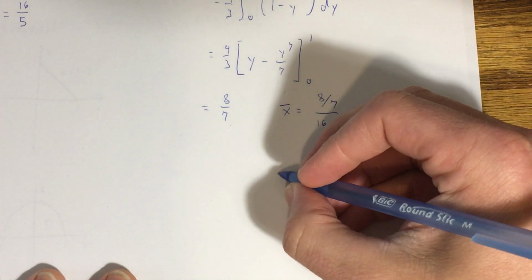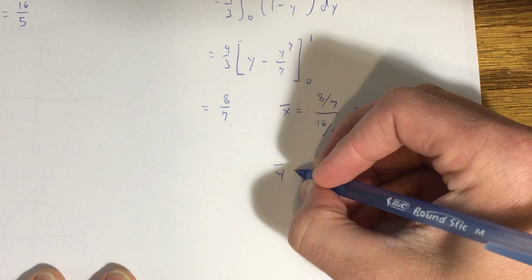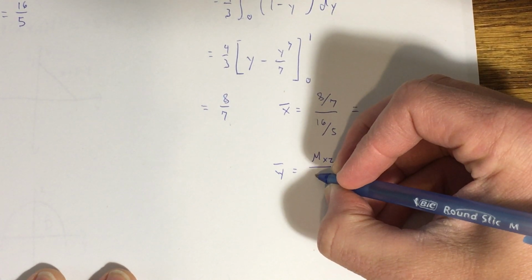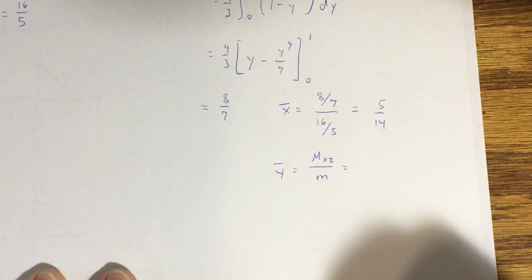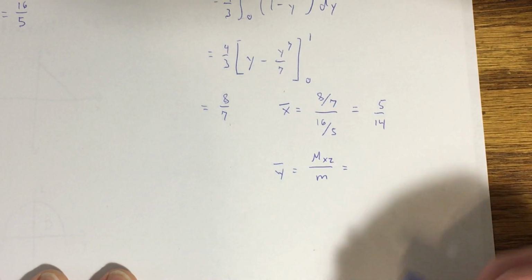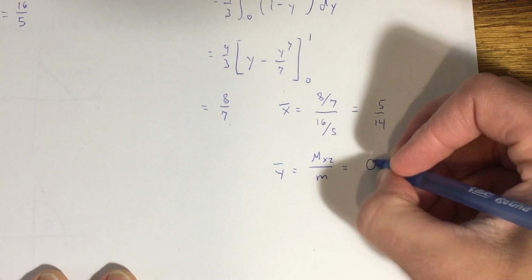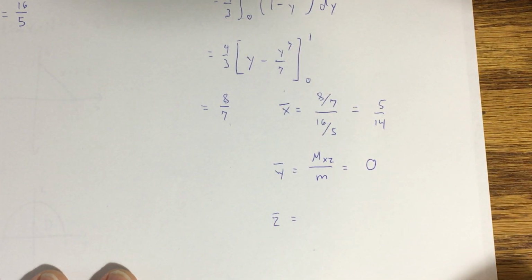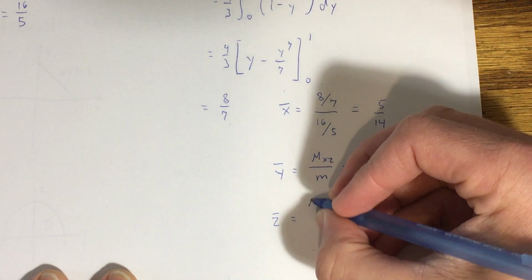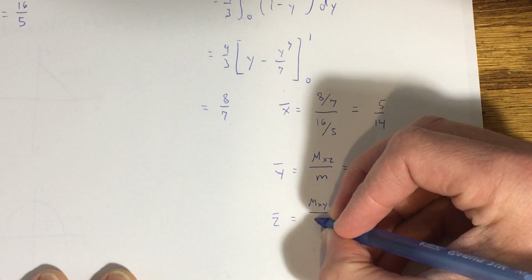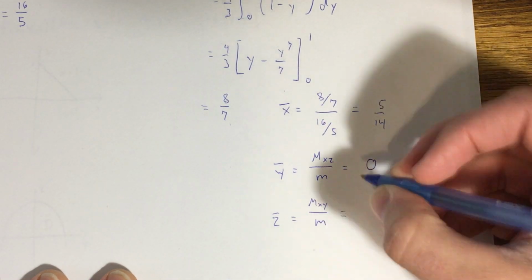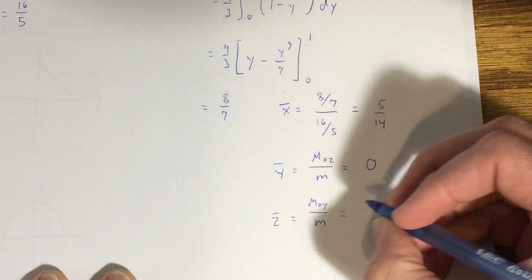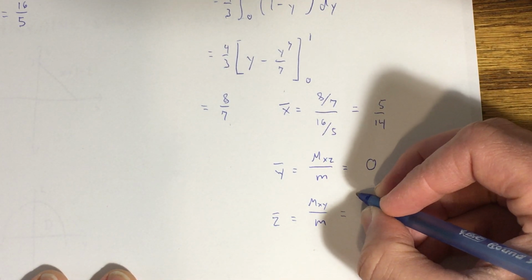Again, I'm going to jump straight to the answers just to save some time, but you've now seen what that process looks like. Y bar, remember this is going to be Mxz over our mass. Now Mxz, it turns out, is going to be 0, so 0 over the mass will also be 0. Z bar is going to be Mxy over m, and if we were to work out Mxy, we end up with 32/35.